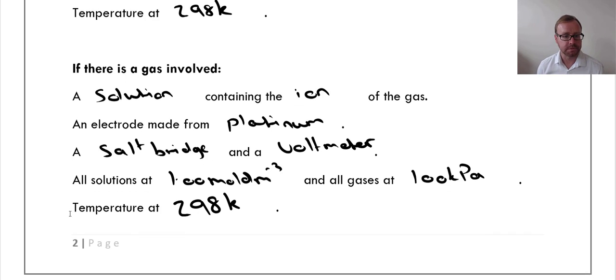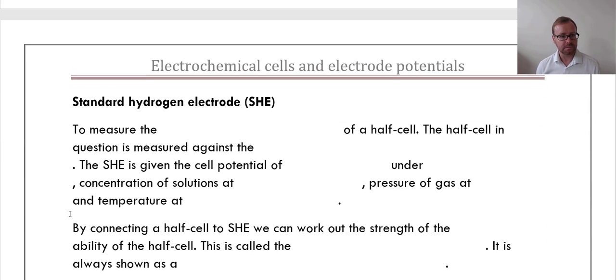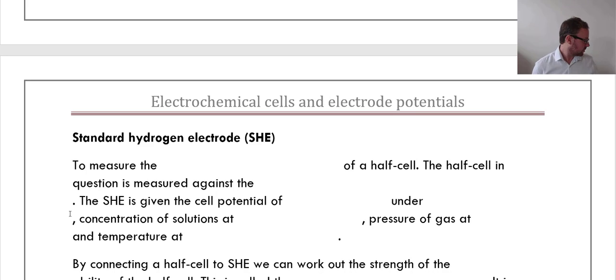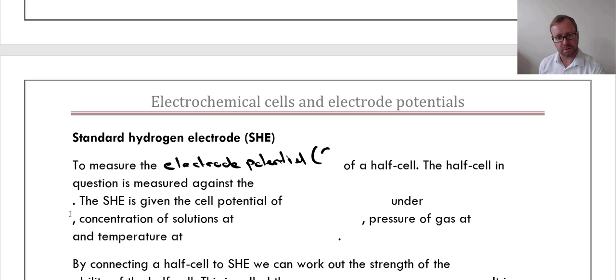Okay, so moving on. Standard hydrogen electrodes. To measure the electrode potential, which we give the value of E of a half cell, we use the standard hydrogen electrode.